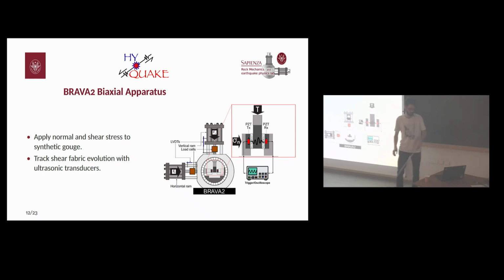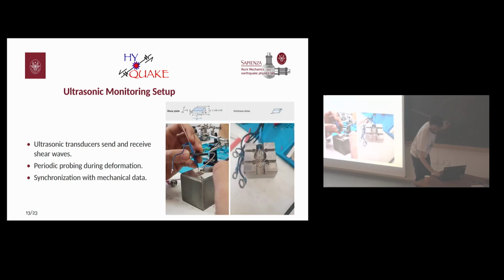That's all. But we want to track the evolution of shear waves through the sample. So we take piezoelectric sensors and put them on one side of the sample and on the other side. We send waves continuously, and we synchronize this measurement to mechanical data, so to stress and displacement.